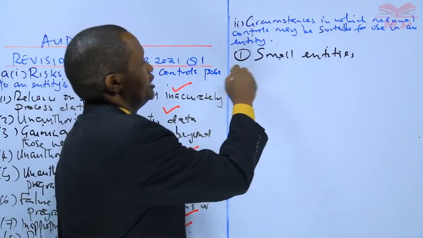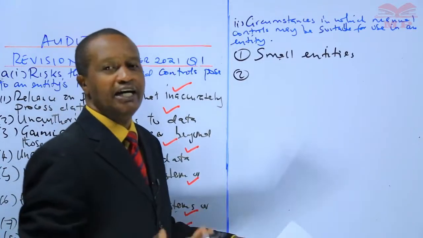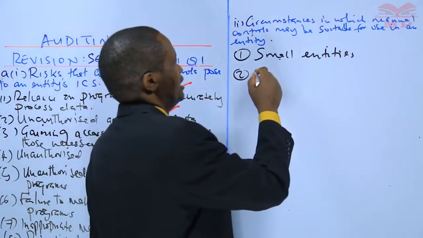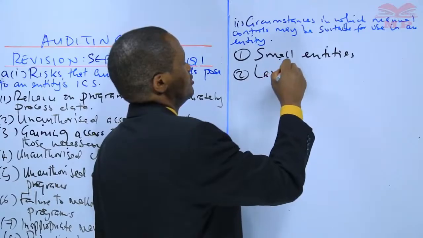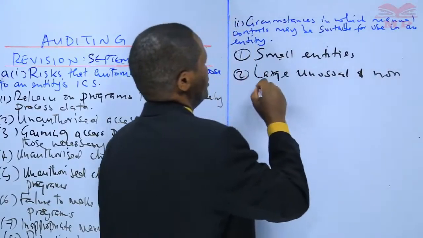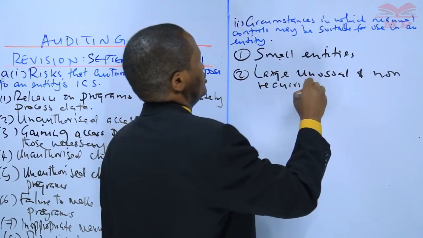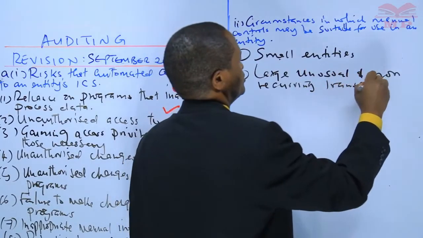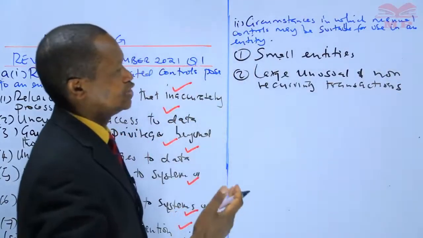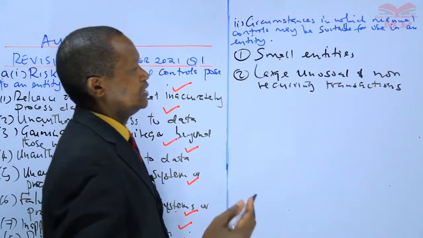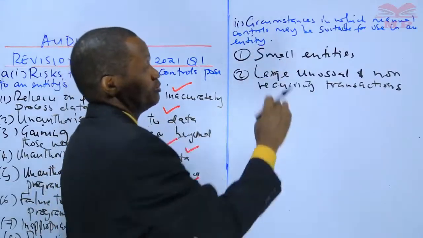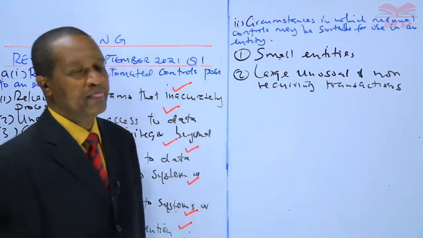Another point is where an entity has large, unusual, or non-recurring transactions. When an entity does not process many transactions, then that could be a circumstance in which manual controls may be suitable, all right?